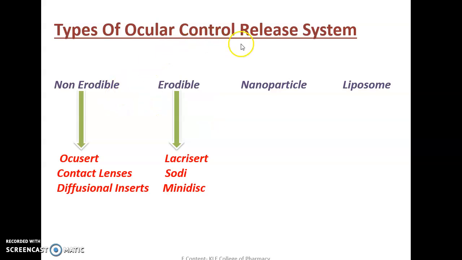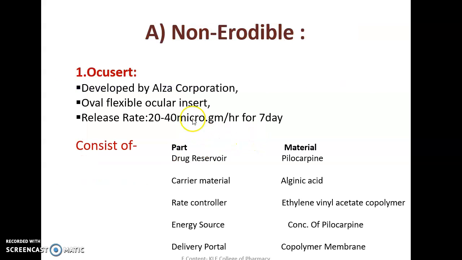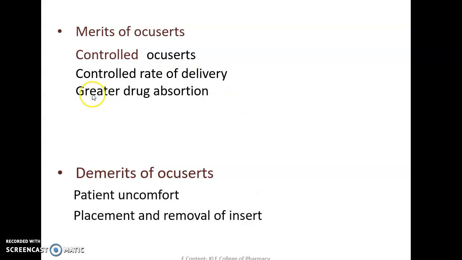The types of ocular controlled release systems are non-erodible, which include occusert, contact lenses, and diffusional inserts, and erodible, which include Lacrisert, SODI, and minidisc. Nanoparticles and liposomes are also types of ocular controlled delivery systems. The Ocusert was developed by Alza Corporation and consists of a drug reservoir, carrier material, rate controller, energy source, and delivery portal.